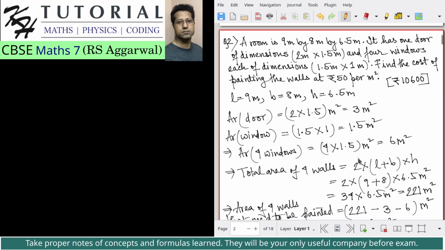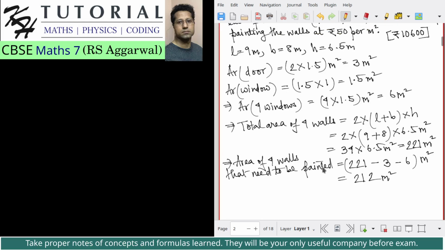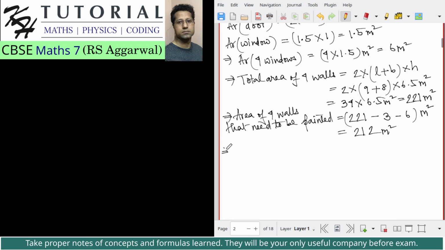So therefore, the problem is asking to find the cost of painting the walls at ₹50 per meter square. So the cost of painting the walls will be the area of the walls that need to be painted multiplied by the rate.